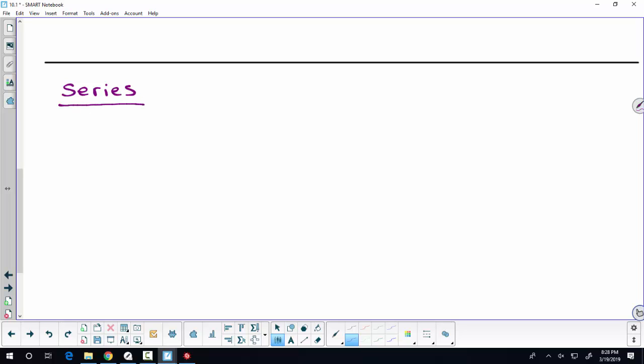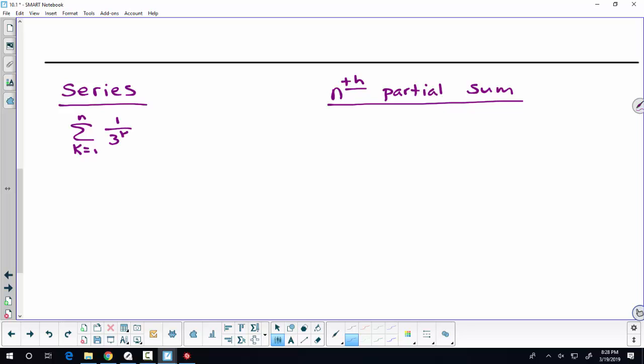We'll list our series, and then just for time's sake, we'll list the nth partial sum. So far, the one we're looking at is the sum from 1 to n of 1 over 3 to the k.